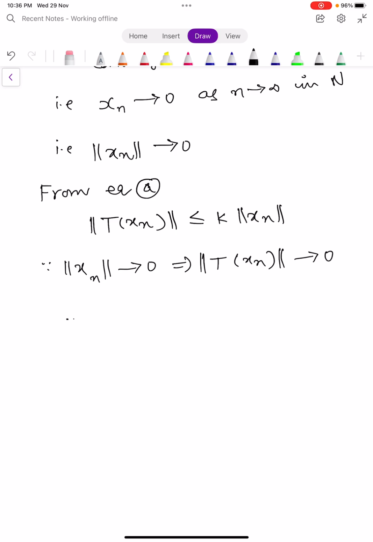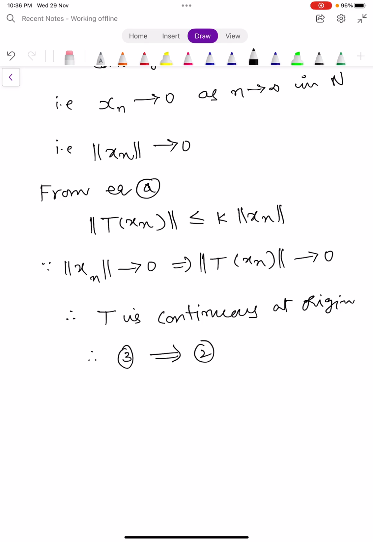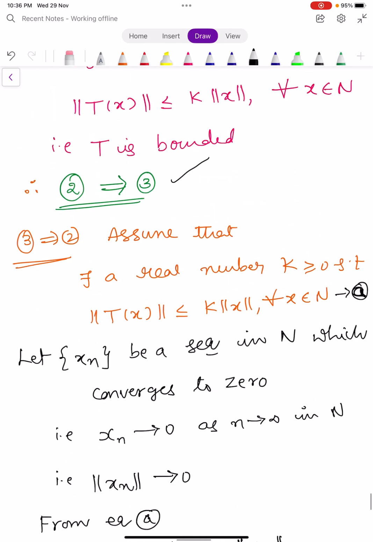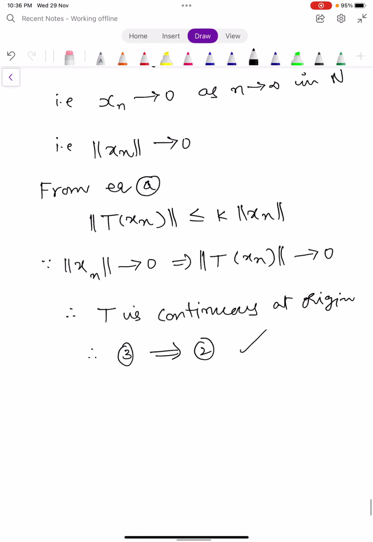This shows us capital T is continuous at origin. This proves condition number 2. Therefore, 3 implies 2 is proved. Hence, already we proved that 2 implies 3, and here we prove that 3 implies 2. Therefore, we conclude that 2 is equivalent to 3.